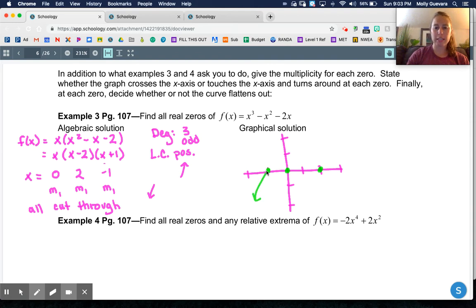And on the furthest right, I know it's going up. And then because the multiplicities are 1, it just cuts through, turns, cuts through, turns, cuts through. And there's my graph. Okay, so it doesn't have to be perfect. It just needs to have the intercepts and it needs to have the correct end behavior.